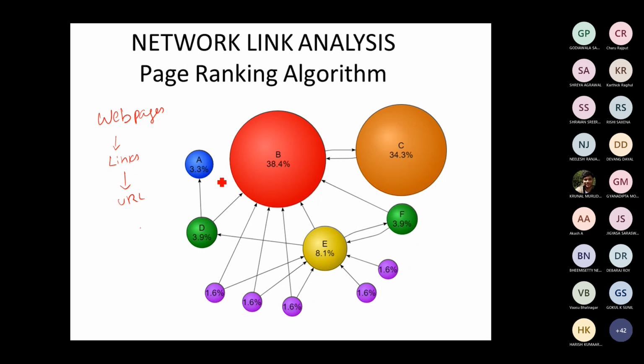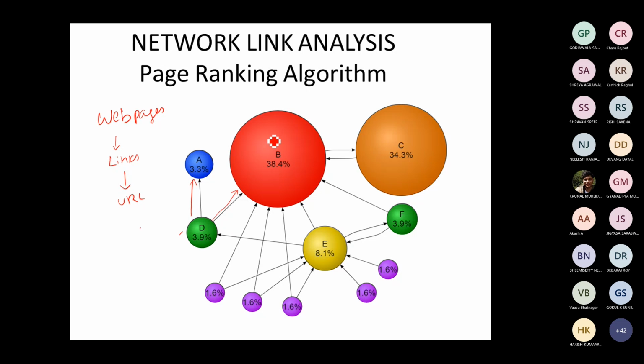From one page like D, this page will have a hyperlink which will lead to visiting page A. Then I may have another link from D which will link to B. From this page I can jump to this page. Like this I can jump to several pages towards one page.